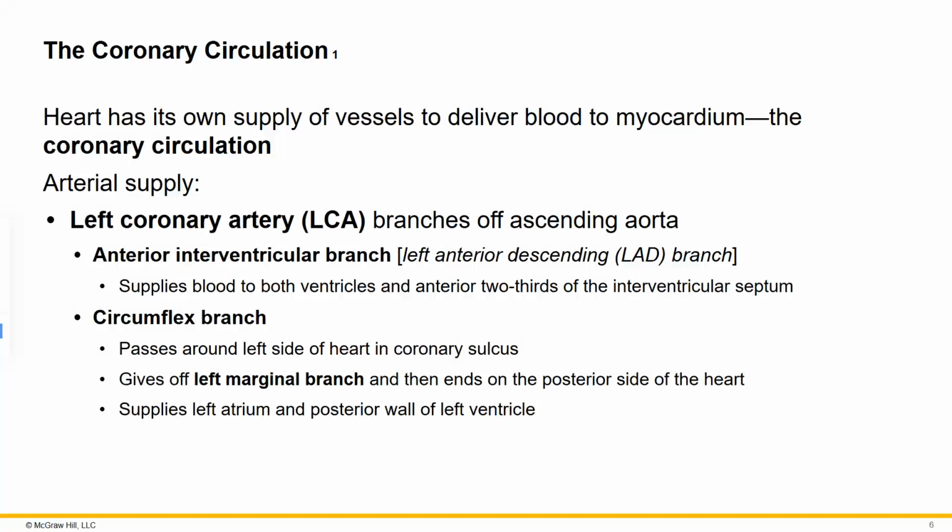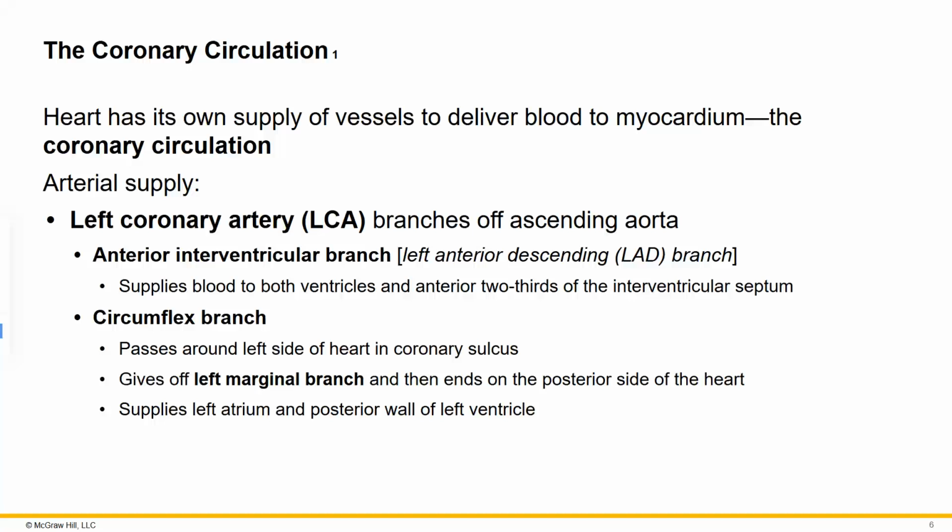The heart itself is an organ, and the heart muscle needs its own oxygen supply and nutrient supply. So the heart has its own supply of blood vessels that deliver blood to the myocardium, or the heart muscle tissue. This is known as coronary circulation. Arterial supply, so from the artery side of things: the left coronary artery branches off the ascending aorta.